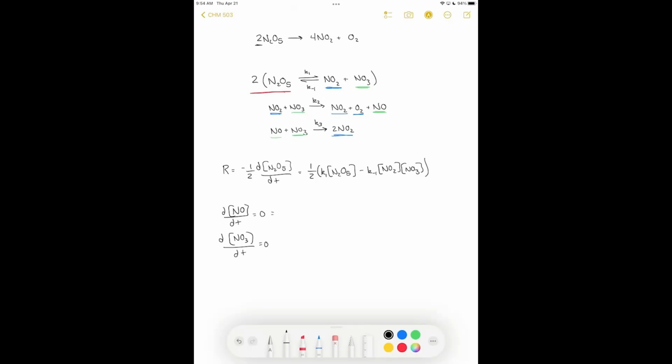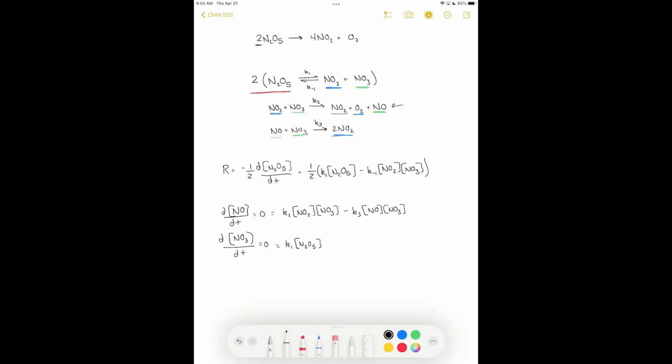So what's the rate of forming NO? Well, NO is formed in this second process here. NO is formed by the rate of K2 times the collision between NO2 and NO3, and NO is consumed by the rate K3 times NO times NO3. NO3 is produced based on the rate of making K1 and N2O5.